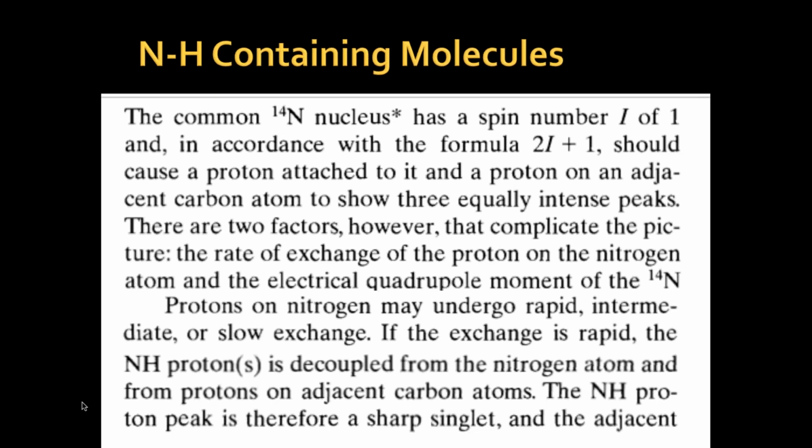Once you place them in an external magnetic field, the magnetic field generated and the magnetic field of the nitrogen itself, because nitrogen has a lone pair, generate the quadrupole moment. Quadrupole moment is the slow or fast exchange of hydrogen between the magnetic fields, how your nucleus is exchanging your proton between the magnetic fields. It is a term used to define the exchange of hydrogen between the different magnetic fields, between the different atoms.